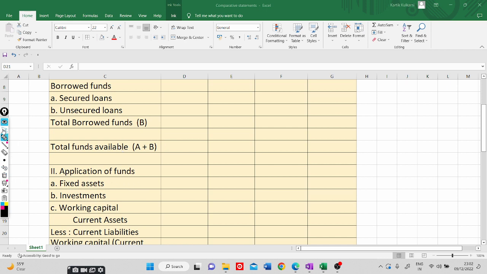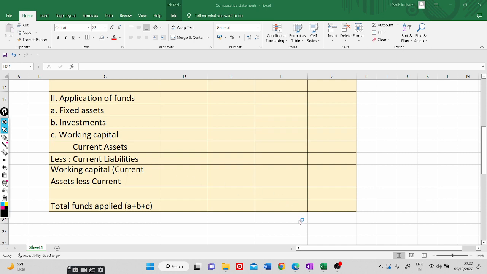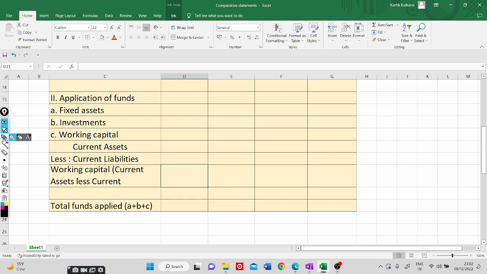Similarly, instead of assets, I will write application of funds. Fixed assets and investments, both I will be writing below. As you can see here, fixed assets, investment, and below that working capital. And what is working capital?